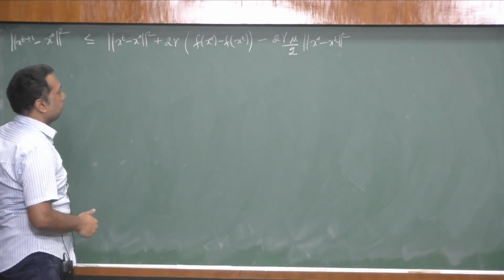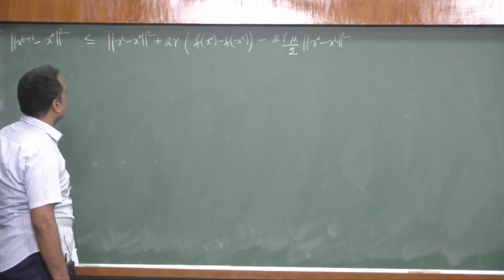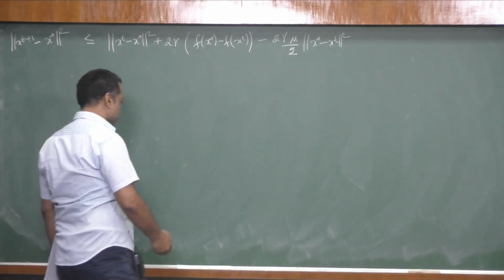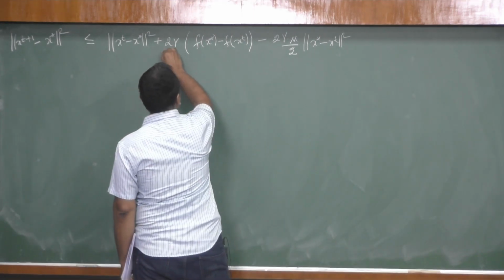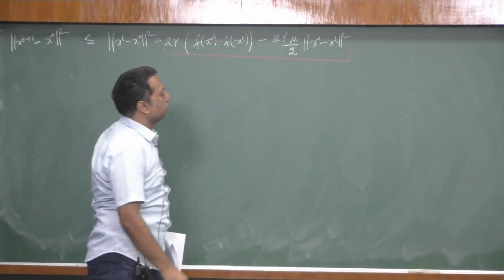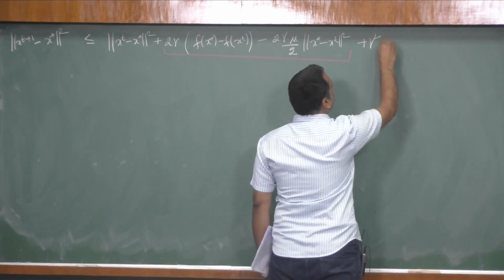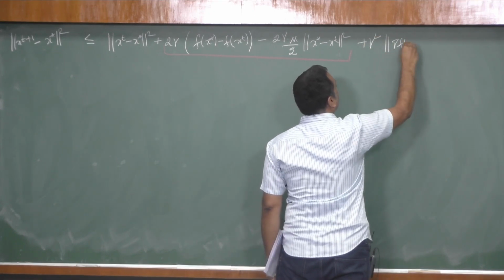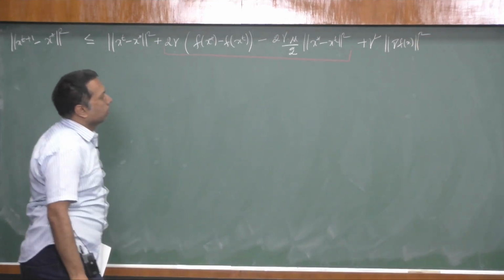That's the red one we have completed. So the red one corresponds to this term here, which we have just now substituted, and then we copy over that term plus gamma squared norm grad f(xt) squared.